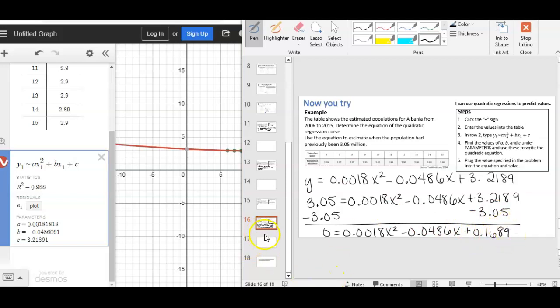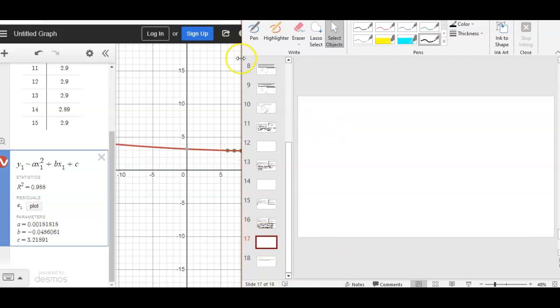Okay, so that is my quadratic equation. I'm just going to recopy it here. I have 0 equals 0.0018x squared minus 0.0486x plus 0.1689.